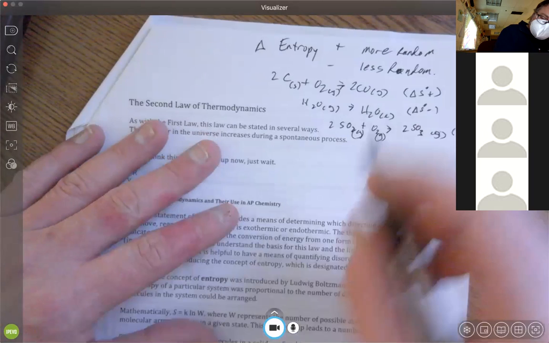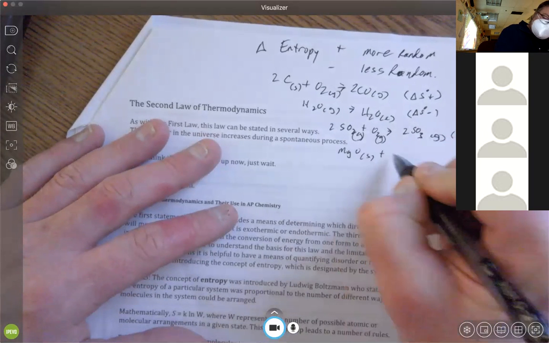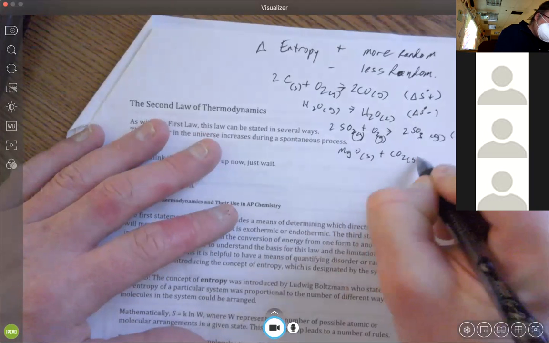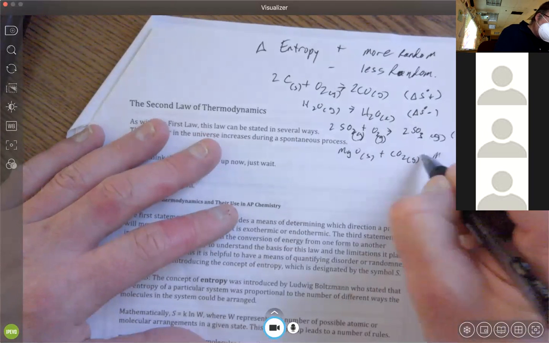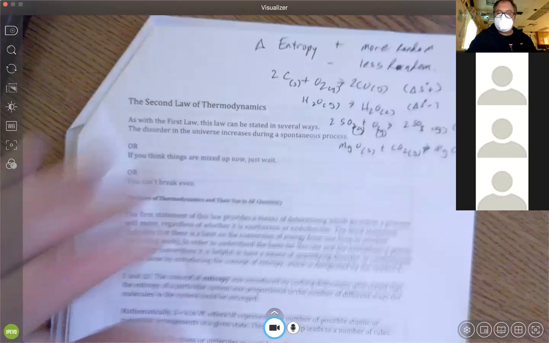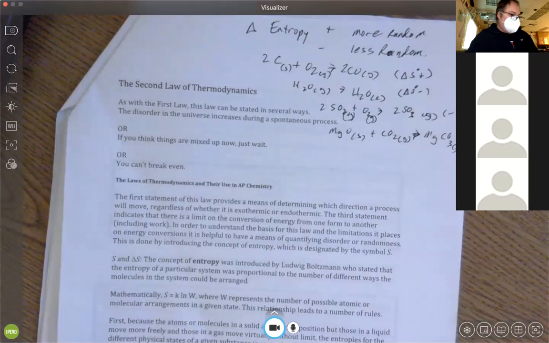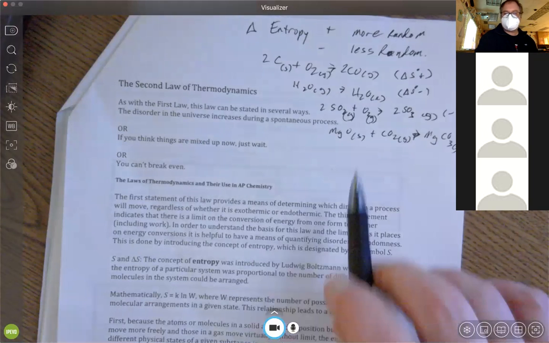Magnesium oxide, solid, plus carbon dioxide, gas, yields magnesium carbonate, solid. Pretty easy one here. Solid and gas going to just a solid.